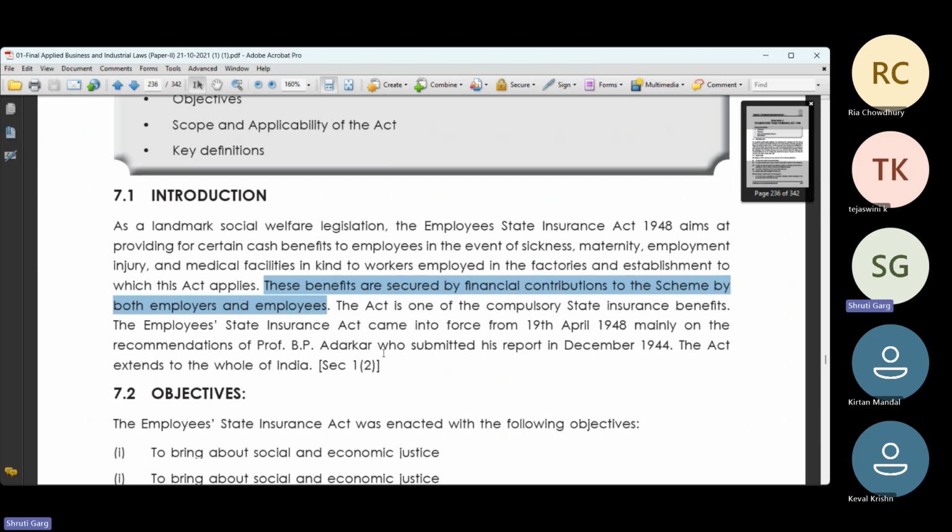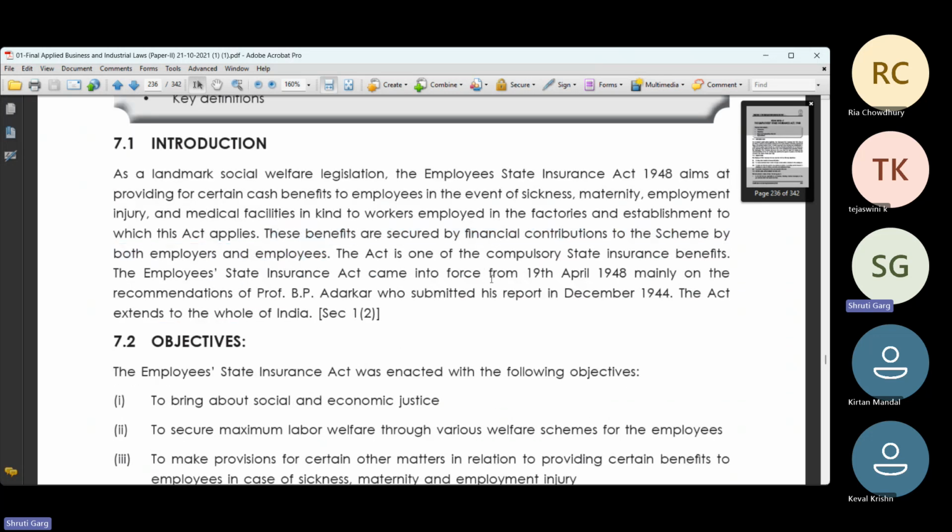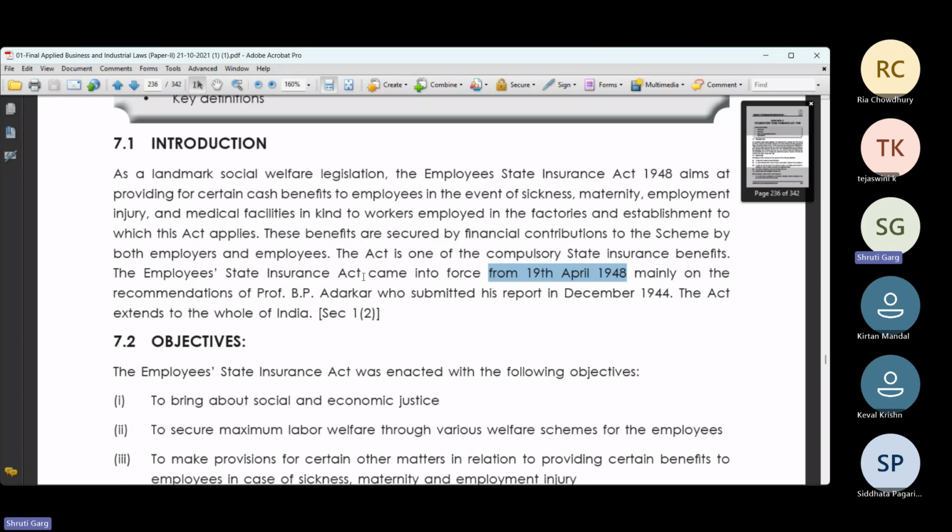The Employees State Insurance Act came into force. Highlight this line: the Employees State Insurance Act came into force from 1948. For your exam purpose, highlight this line. Once again, I am telling you, the Employees State Insurance Act came into force from 19th April 1948, mainly on the recommendation of Professor B.P. Adarkar.